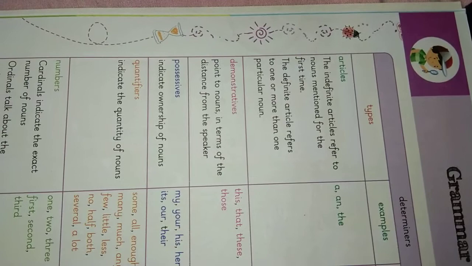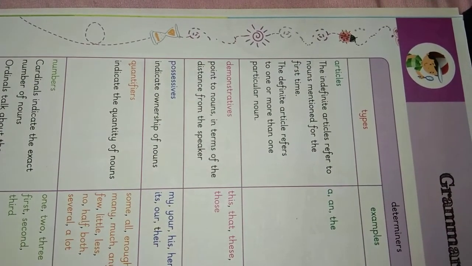The third one we come to is possessives. Possessives are those determiners which indicate the ownership of nouns. Now we see which are possessives.